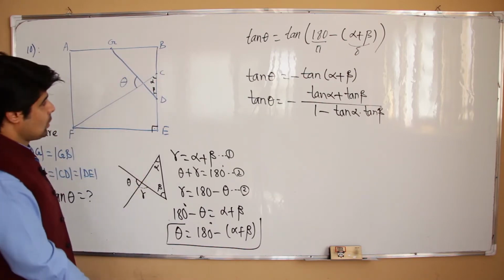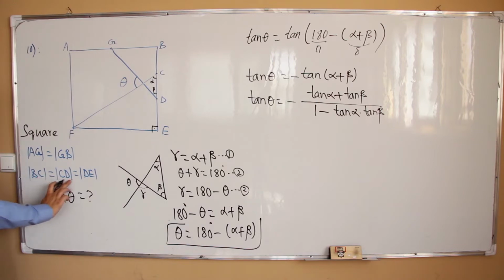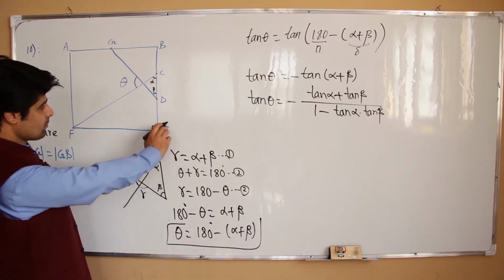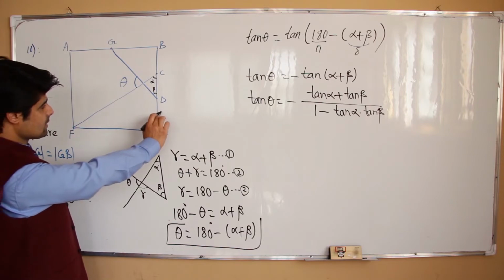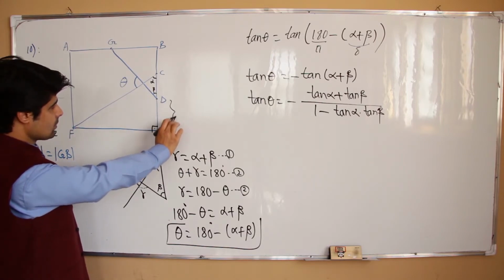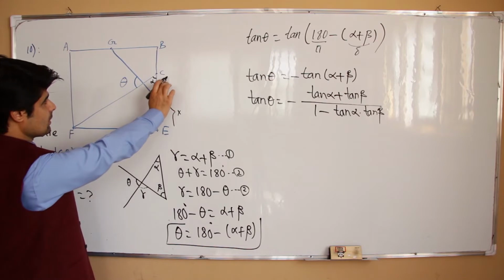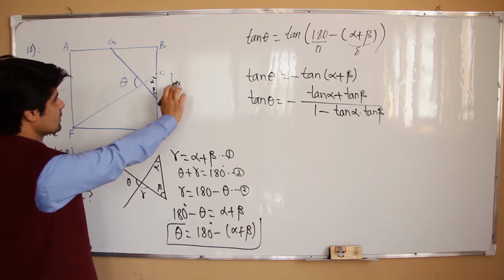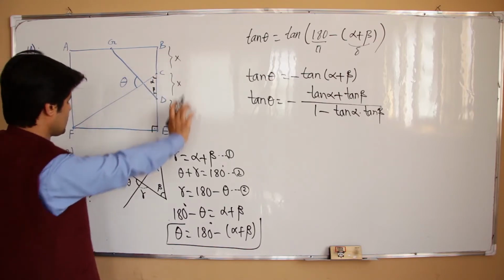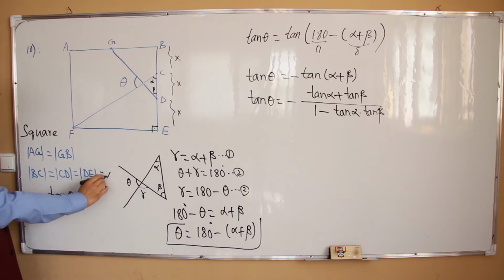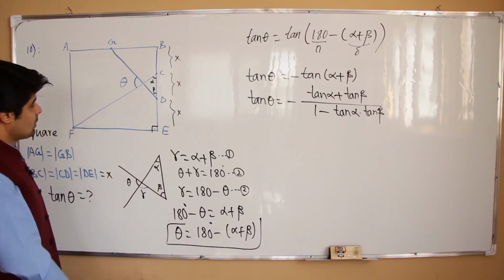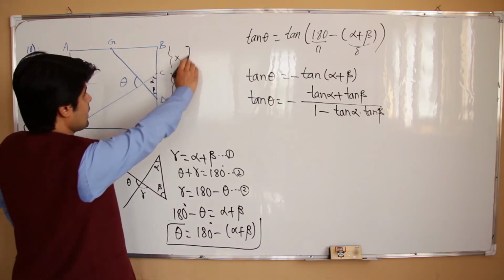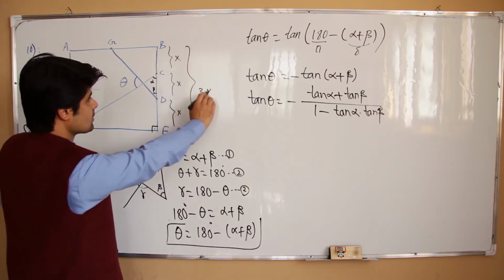Is beta in a right angle triangle or not? Yes. So BC, CD, DE, they are equal. I mean, if this part is x, this part is also x, this part is also x. So what do you think? This side is 3x. Am I right?